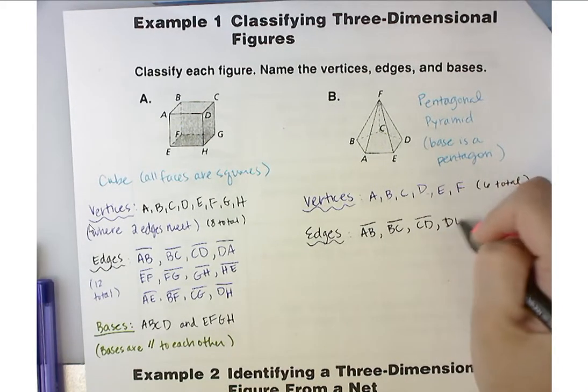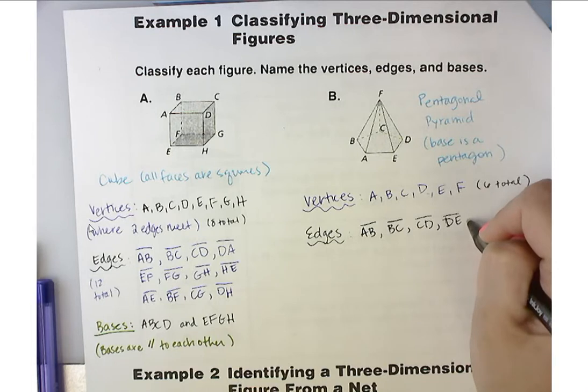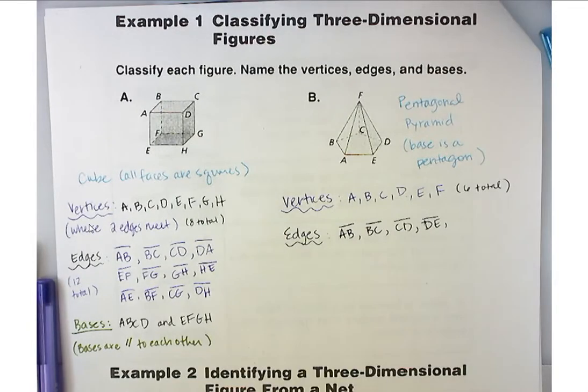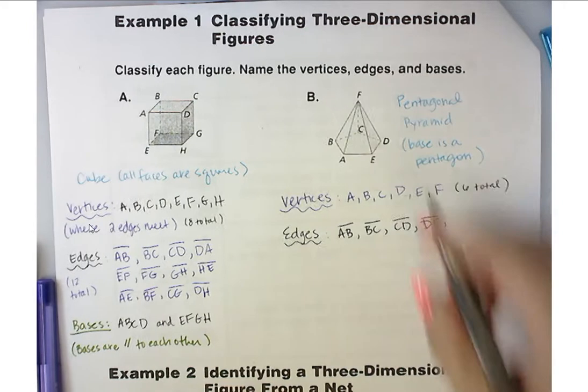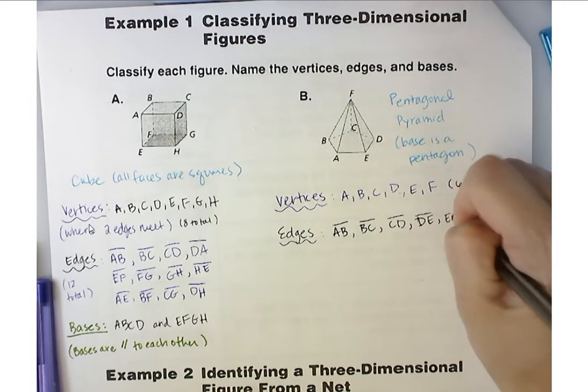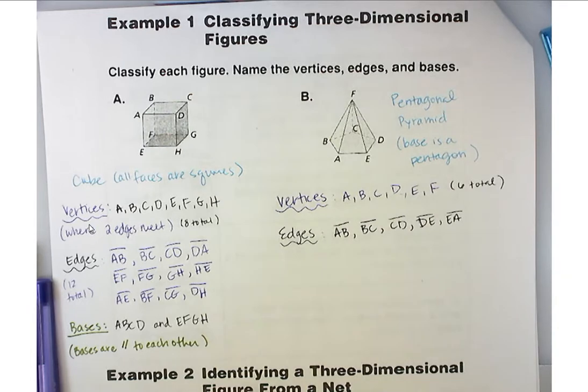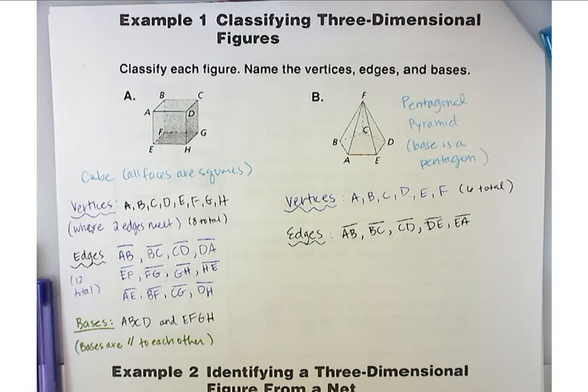DE. Avery after DE? EA, yeah. Okay, so that's going to bring you all the way around the bottom, and then the other edges are going to be from the top to each vertex.